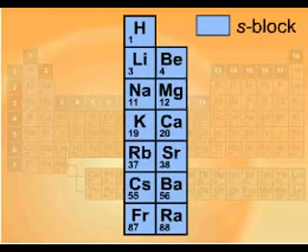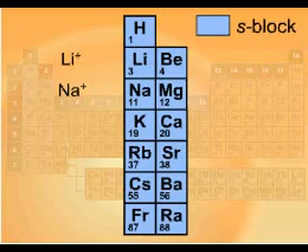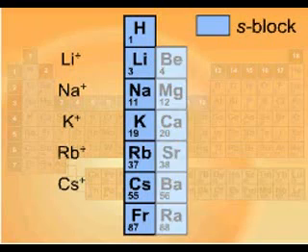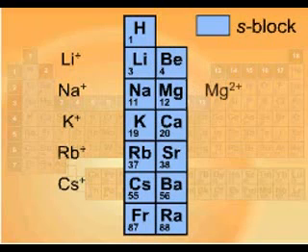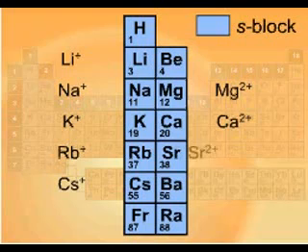Compounds of S-block elements have an ionic structure, in which group 1 elements occur as Li+, Na+, K+, Rb+, and Cs+ cations, and group 2 elements as Mg2+, Ca2+, Sr2+, and Ba2+ cations.